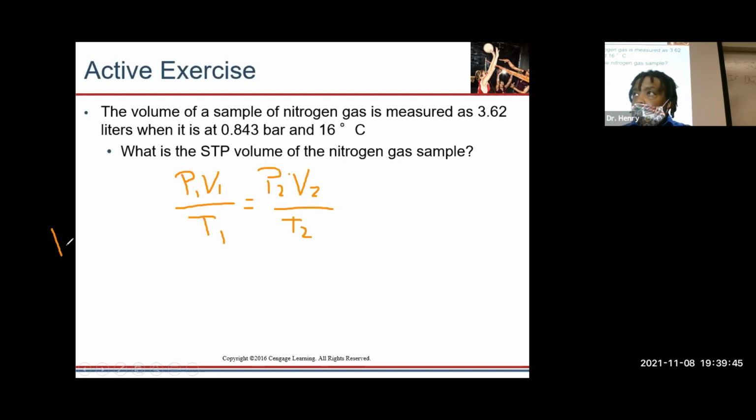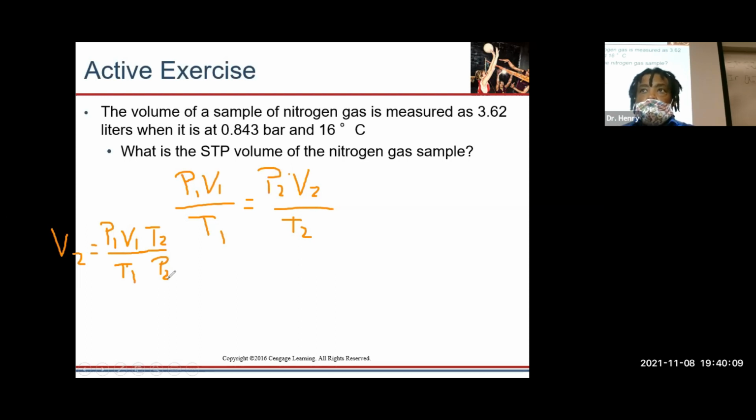So V2 is going to equal P1 V1 over T1, with P2 on the top and P2 on the bottom.